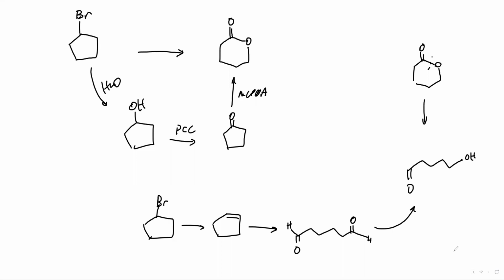Really, DIBAL only works on ketones, on esters and amides. LiAlH(OtBu)3 could work. So maybe you might think that, but remember that really when we use it, it's to make sure that an acyl halide or an anhydride reacts versus an ester or an amide.